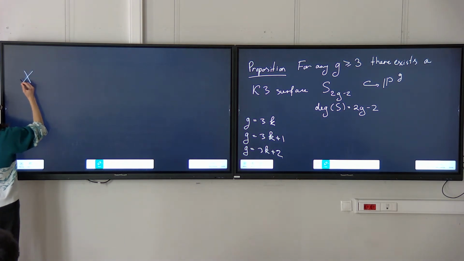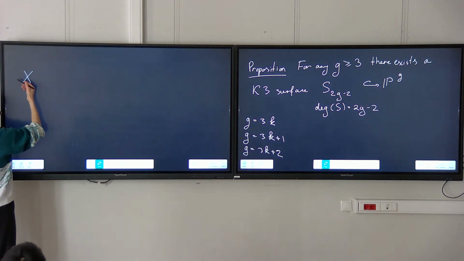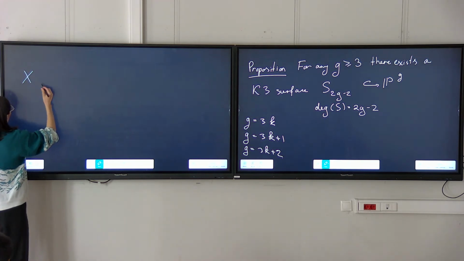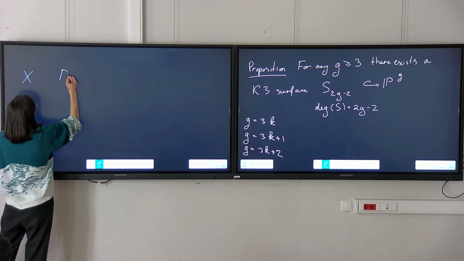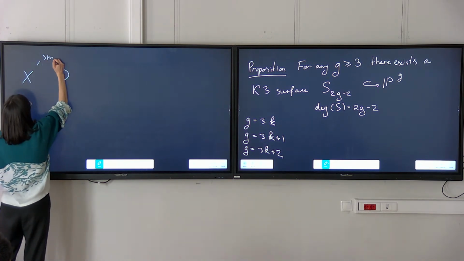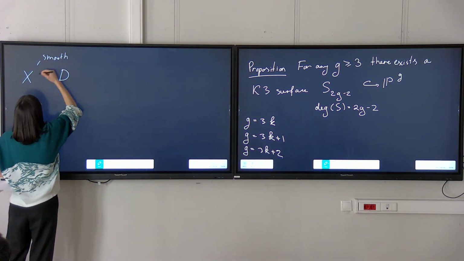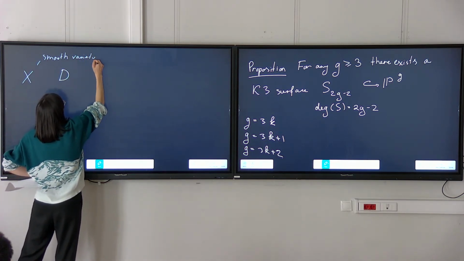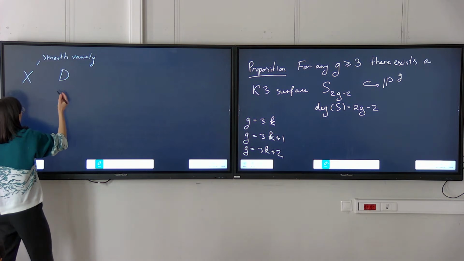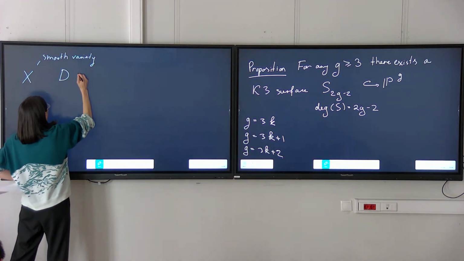So what I want to recall is this: if we have some smooth variety, not even a surface, just a smooth variety, what does it mean for a divisor to be very ample?